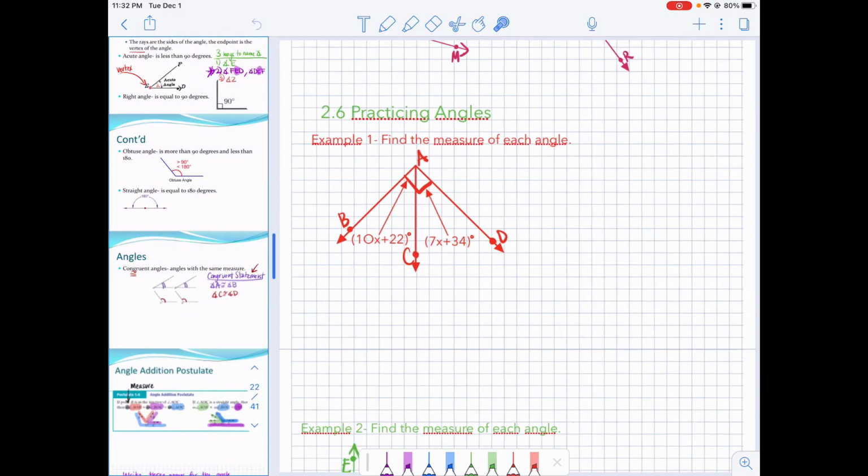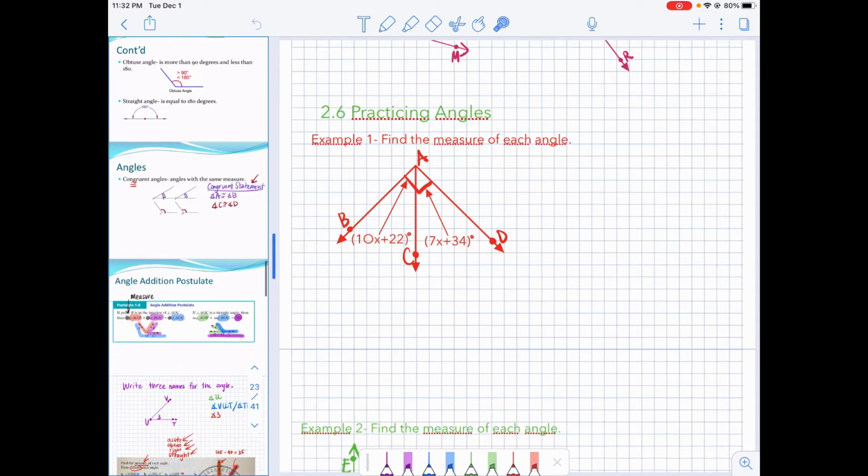Now, I'm going to start off the problem with you so that you get the idea of what we're doing, and then you're going to go off on your own. The first thing I'm going to do is write down the addition postulate.